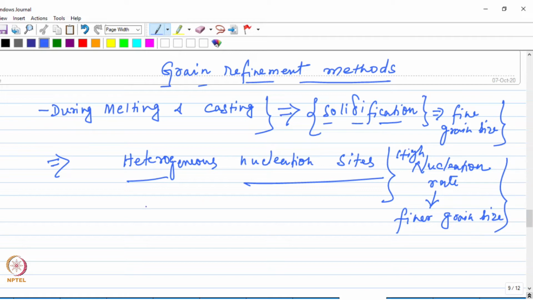So in order to understand why that happens, or how heterogeneous nucleation helps, you need to understand the difference between homogeneous and heterogeneous nucleation.